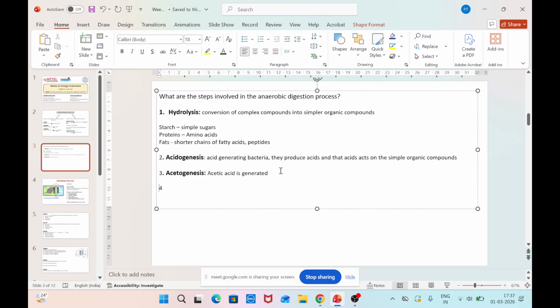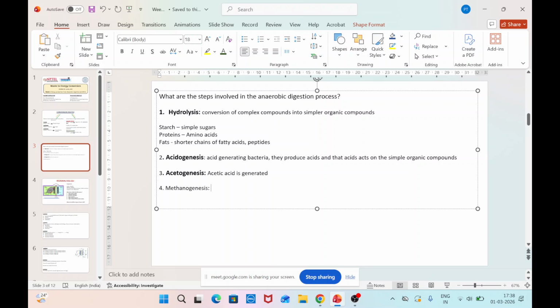Then there is one more process called methanogenesis. Here typically methane is produced. The bacteria act on the acetic acid to convert it into methane plus carbon dioxide.